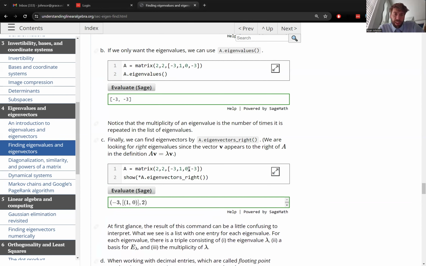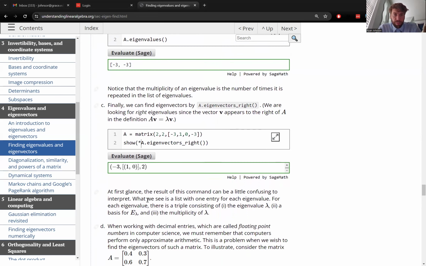Here, the eigenvalue is -3, and the basis for the eigenspace is the vector 1, 0. Notice there's only one of those, not two, and yet the multiplicity of the eigenvalue is 2. It comes in three-tuples like that.